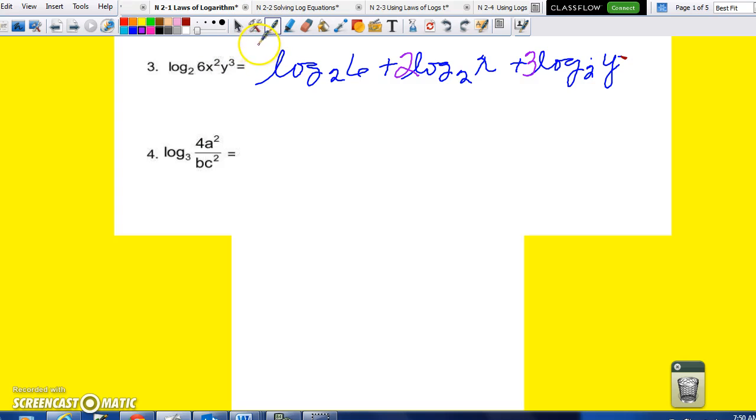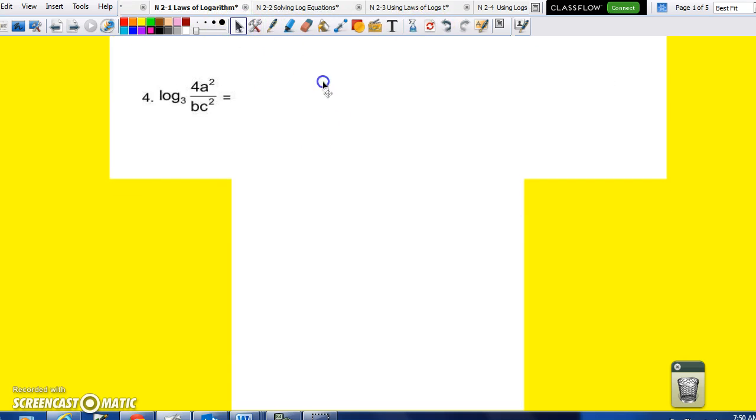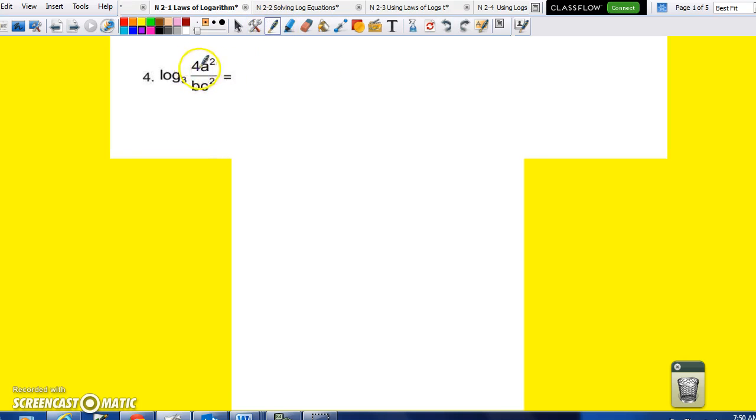So now I'm going to move on to number 4. On number 4, I see that I have division. But if I look closely, I see I also have multiplication. But we're going to take it step by step. So because I have division, I know I really have log base 3 of 4a squared minus log base 3 of bc squared.